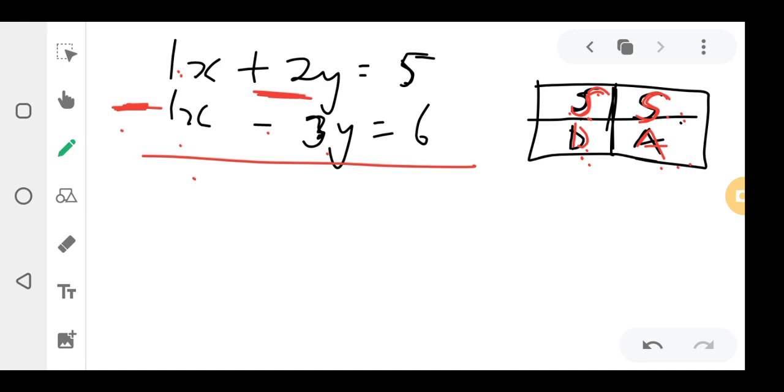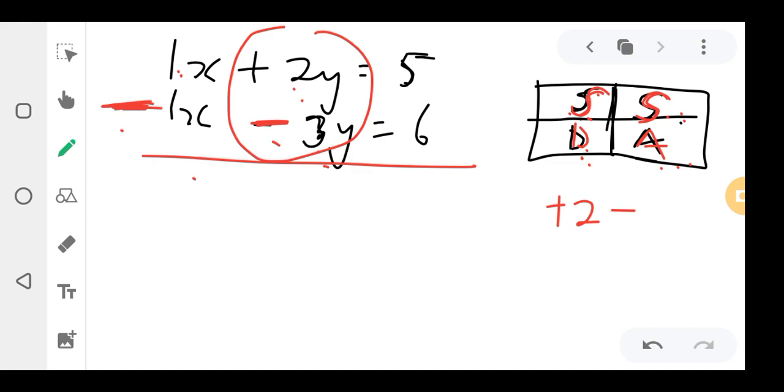So I can solve it this side. Positive 2, and then minus this one. There are two minuses: positive 2 minus minus 3.